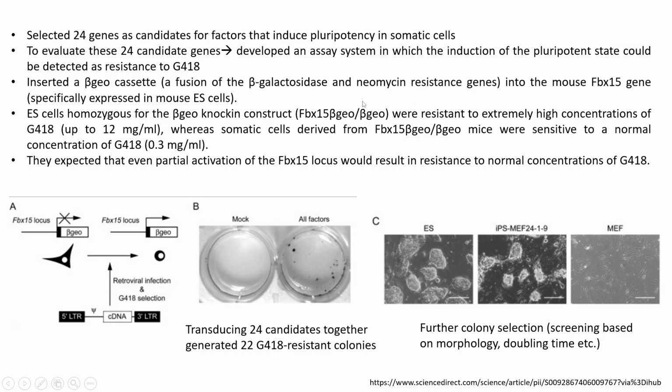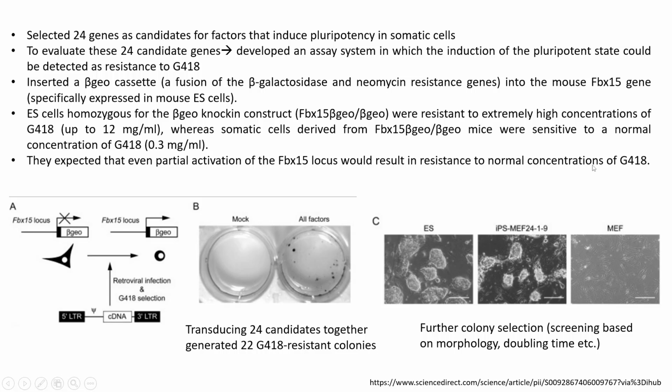So high concentrations of G418 up to 12 milligram per ml, whereas somatic cells derived from this beta-geo mouse were sensitive to normal concentration. So what they predicted was that even if they have some partial activation of this FBX15 locus, again, this is specific to mouse embryonic stem cells, meaning that if induction of pluripotency has happened, this gene is going to be at least partially activated.